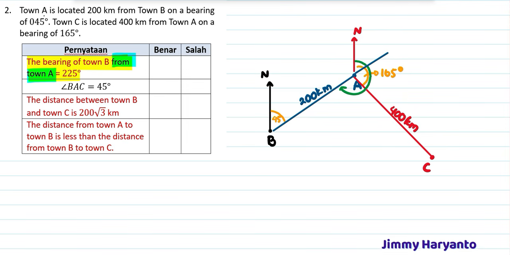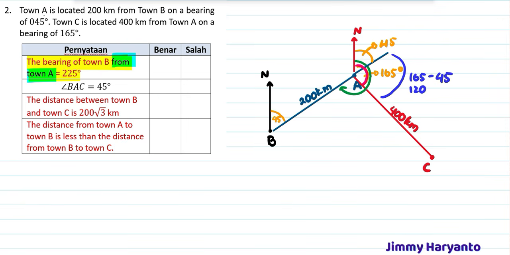So you will have 45 also right here, because this one and this one are the same, corresponding angles. And then because we have 165 right here, that means we can find this one: 165 minus this one, minus 45. You'll get 120 right there. So this one is 120.